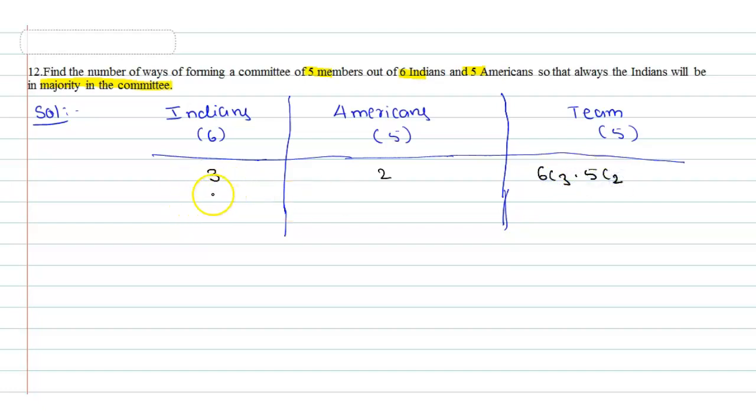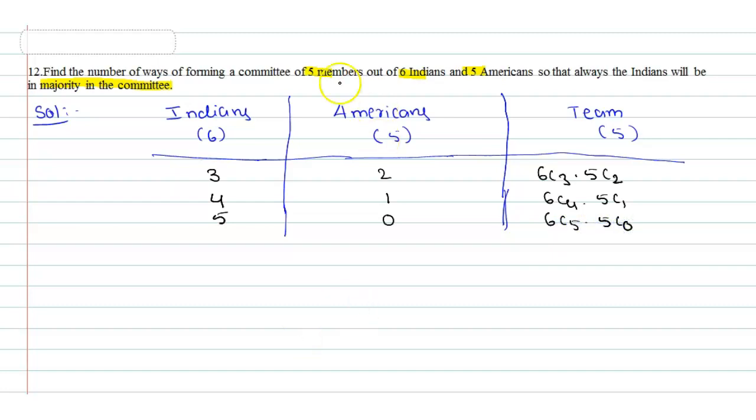That is one chance. And I am increasing one more Indian here: 4 Indians, 1 American. So the condition goes to 6C4 into 5C1. Next I am increasing one more Indian, 5 Indians, and Americans I am taking 0. So here the condition is 6C5 into 5C0. Right?